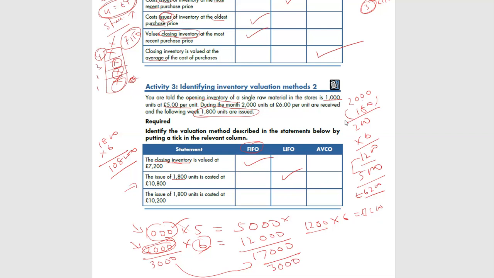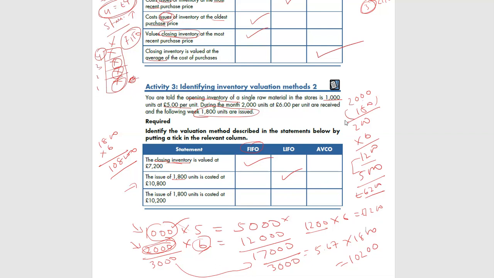So let's say 5.67 per unit, times 1800 units, and that gives me 10,199.99. That means 10,200, because if it is 99.99 we can round it. So this is AVCO, 10,200.